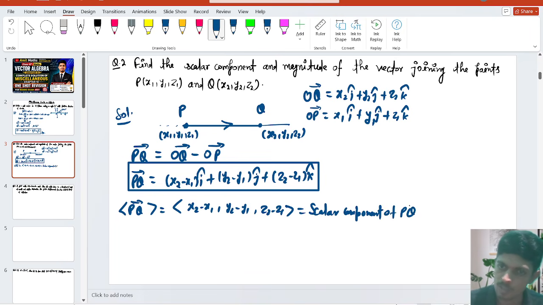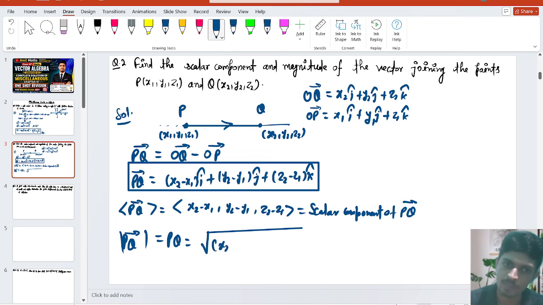If we want the vector component, we say (x2 minus x1) i cap, (y2 minus y1) j cap, (z2 minus z1) k cap. We also need to find the magnitude. The magnitude of vector PQ is simply PQ, the distance between the two points: the square root of (x2 minus x1) whole square plus (y2 minus y1) whole square plus (z2 minus z1) whole square, in units. This is our answer.